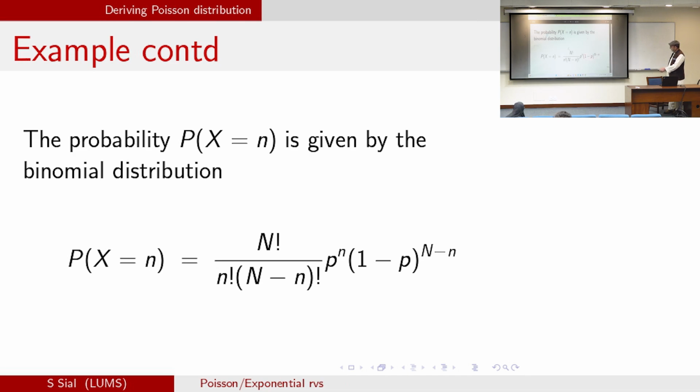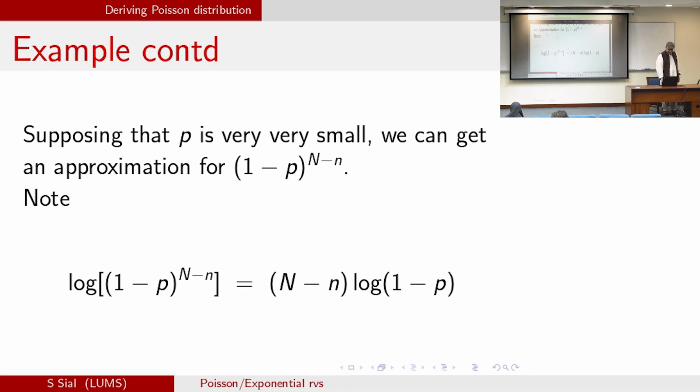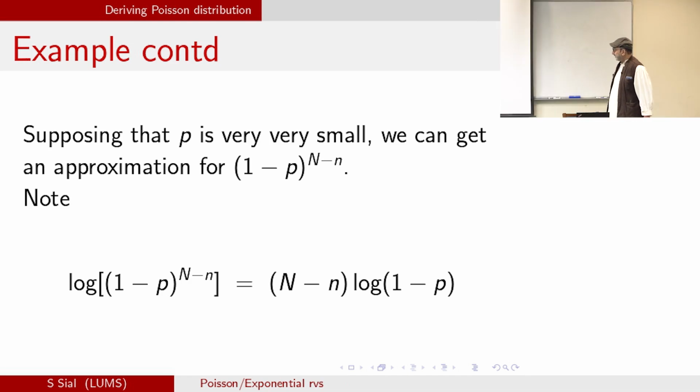If p is very small, then consider 1 minus p to the N minus n. Anyone remember this? Calculus 2, Taylor series? No? Okay. No problem. That's okay. Well, let's suppose we want to take the logarithm.